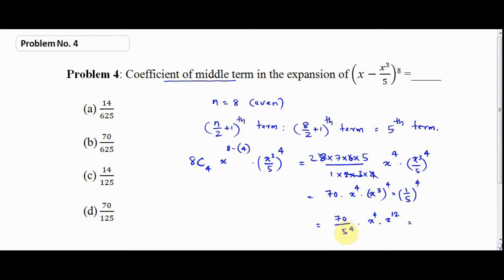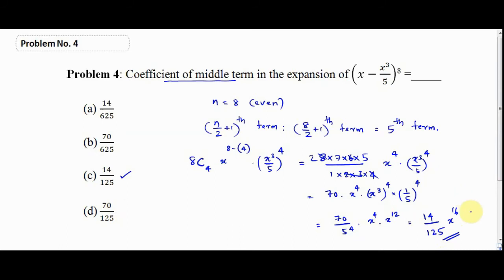Here we have 70, so one 5 can be cancelled, and we get 14 divided by 5³, that is 125, into x^16. So this will be the fifth term in the expansion. The coefficient is nothing but 14/125. So the answer is option C, 14/125.